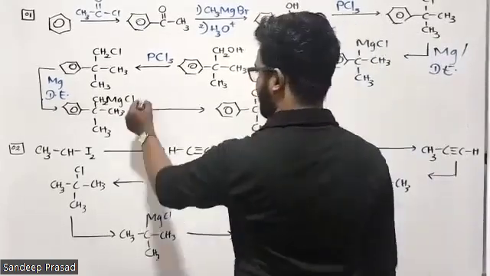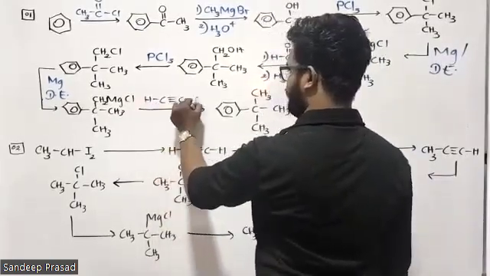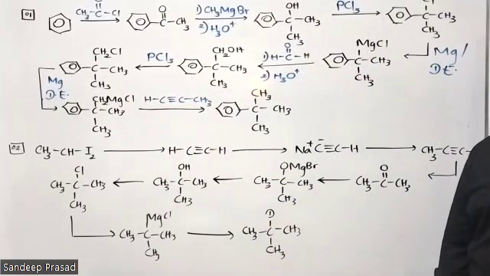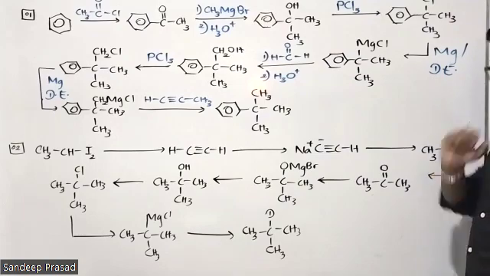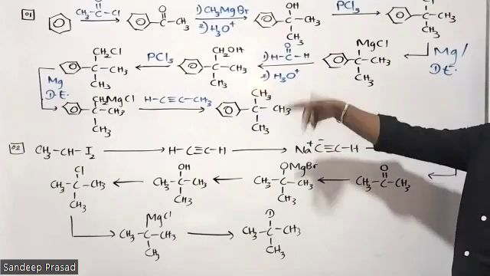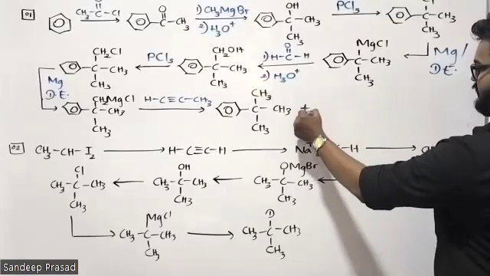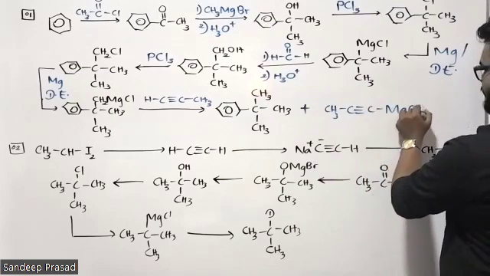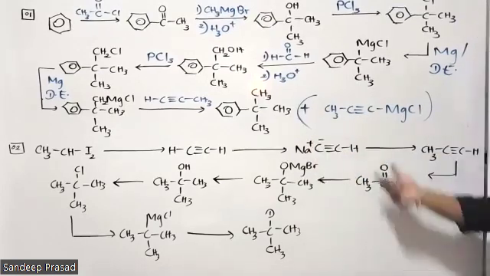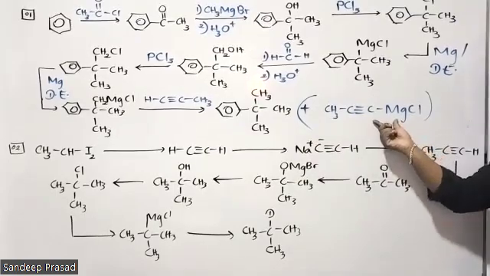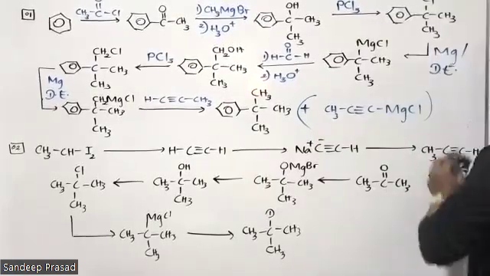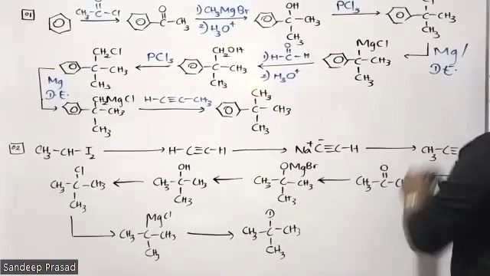The byproduct is another one, CH3C triple bond CMgCl. That's a byproduct. We know it, but this is not our main focus. So we need to have this compound.